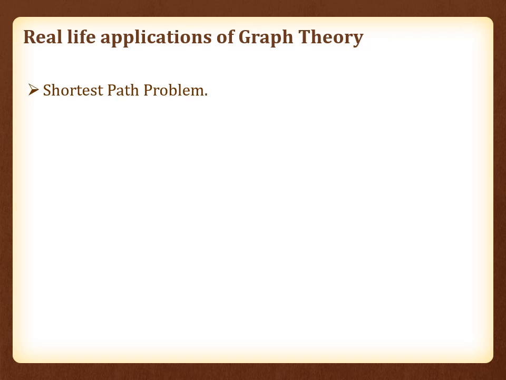In Google Maps, various locations are represented by vertices or dots, and the roads between the cities are represented by the edges. The concept of graph theory is useful to find the shortest path between the two cities.